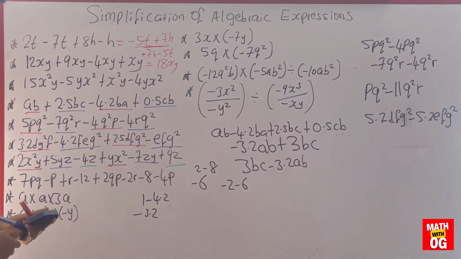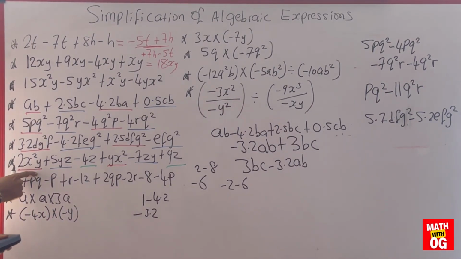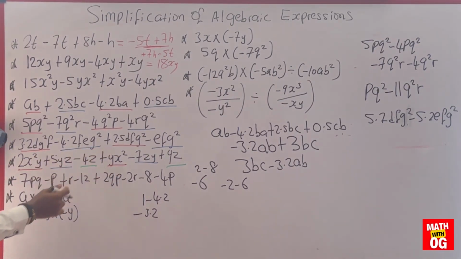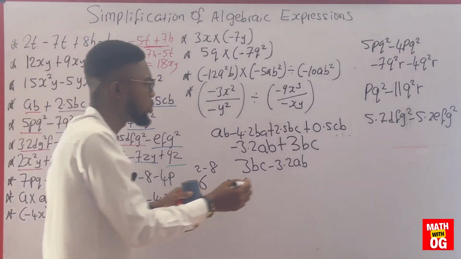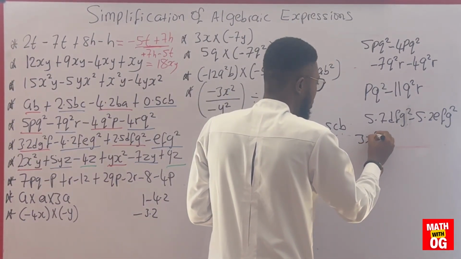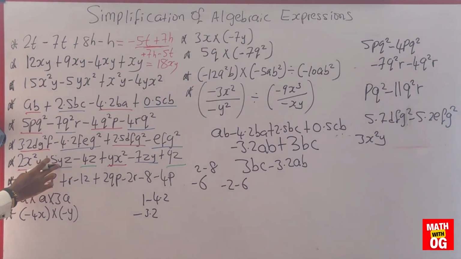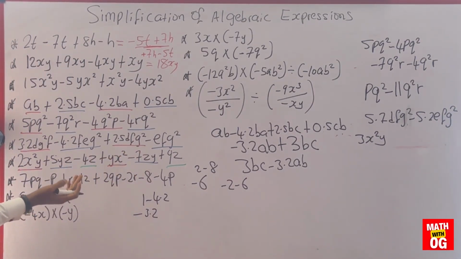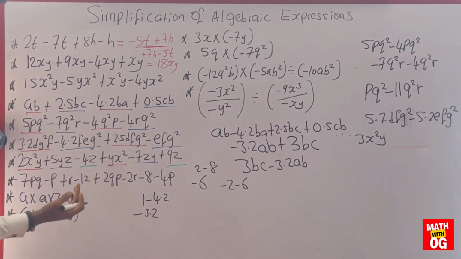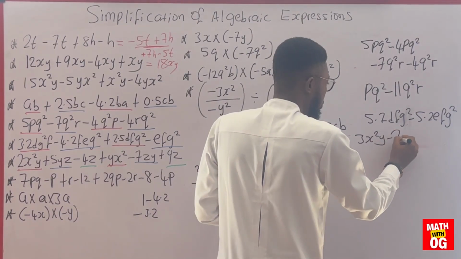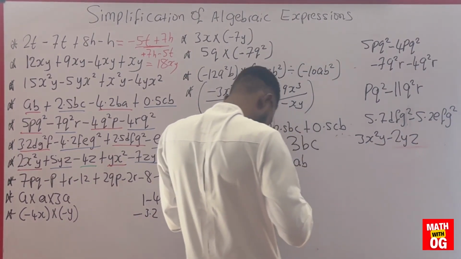So now let's add up. 2S squared Y plus 1S squared Y. So that's 2 plus 1, which gives us 3S squared Y. Then we have 5YZ minus 7YZ. 5 minus 7 is minus 2, so we have negative 2YZ.